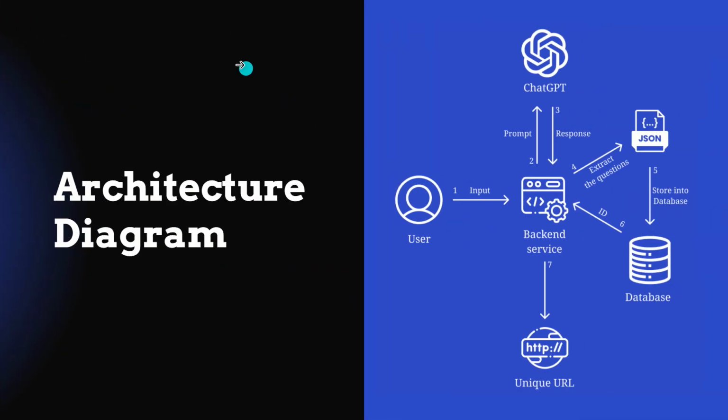And this is the architecture diagram of our system. We are sending the user input and the system prompt as well as the output prompt to ChatGPT. The system prompt basically includes the instruction to ChatGPT, like what ChatGPT has to do with the prompt, and the output prompt includes the specific output format in which we expect to receive the response.